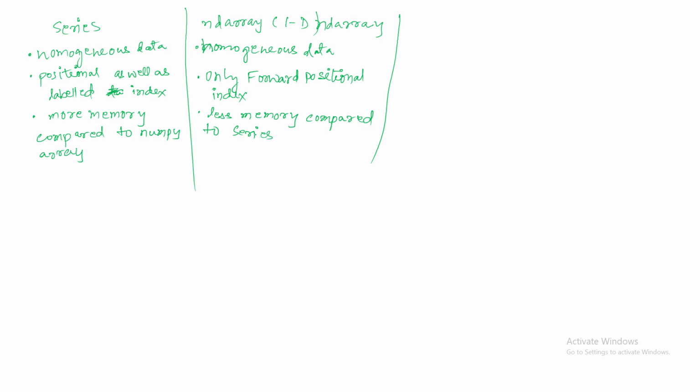Okay. Listen. Now here, very important. If two series are not aligned, then NaN, meaning missing values, are generated.